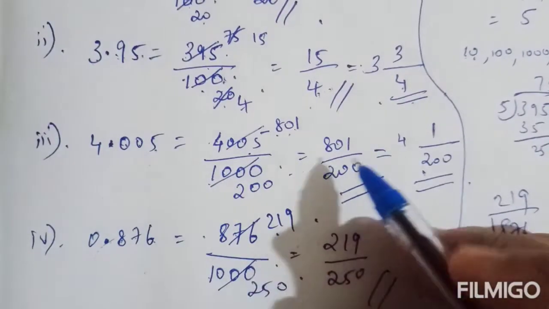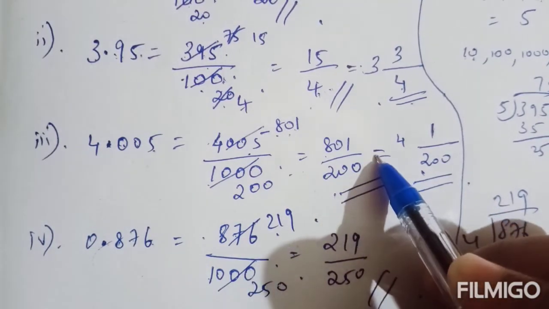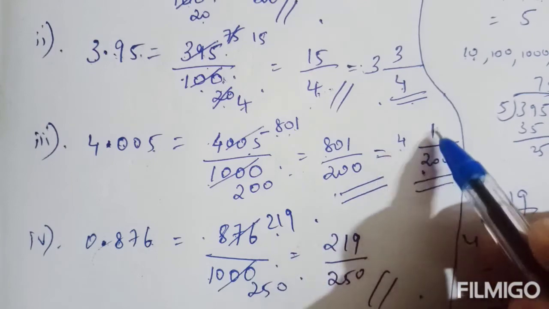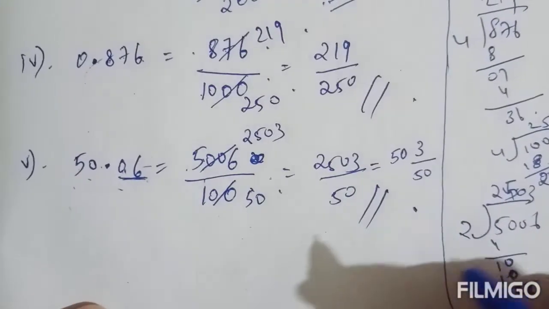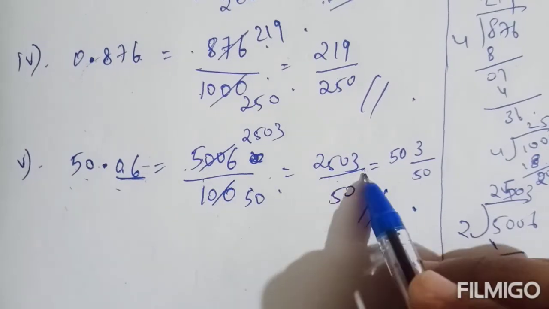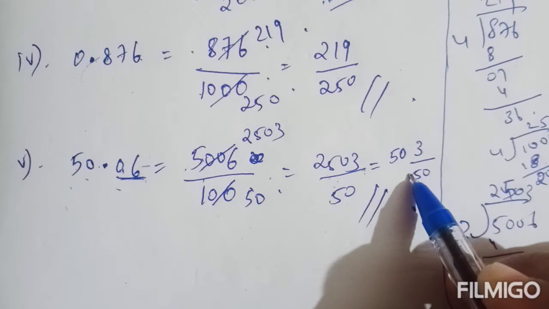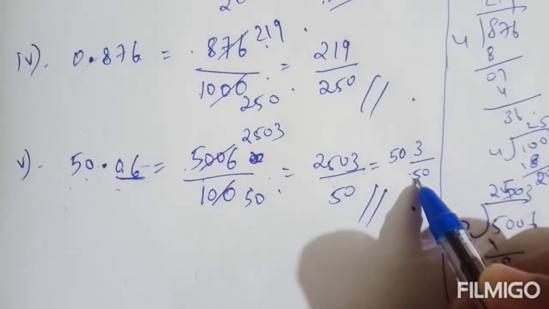Similarly, third one, 801 by 200. On converting to mixed fraction, it will be 4 1 by 200. Improper fractions you can convert to mixed fraction. So the fifth one also, this is an improper fraction that you can convert to mixed fraction. That will be 50 3 by 50.